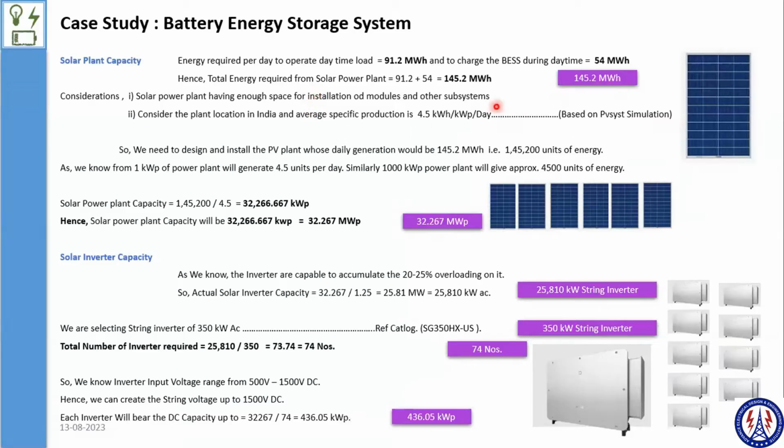So what we did here: we want to generate 145.2 megawatt hour of energy from the solar power plant. This is the target, and you need to then design your power plant capacity.